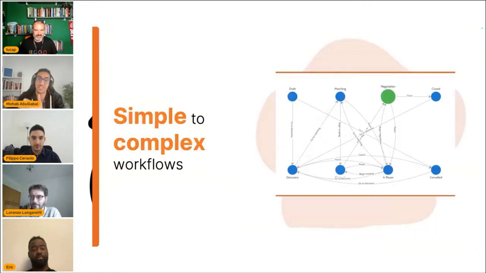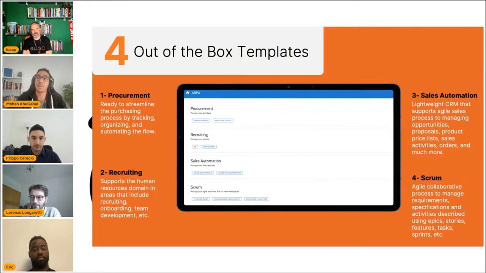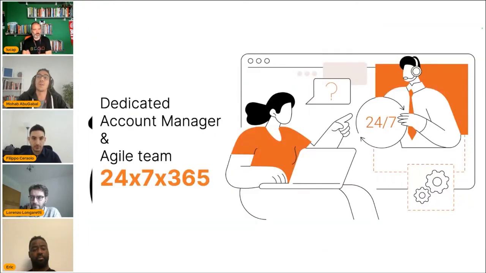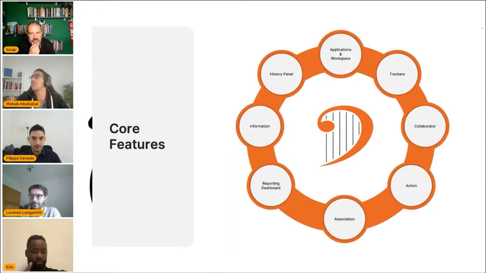Simple or complex workflow, it's very expandable. As you said, Luca, we can start with a simple workflow, and then it gets more complicated over time. But meanwhile, you're testing how effective this is for your business. There are templates out of the box. I'm not going to go through them. And through SORINT, you can get a dedicated team to maintain the solution through our NGMS service. And these are quickly the core features.